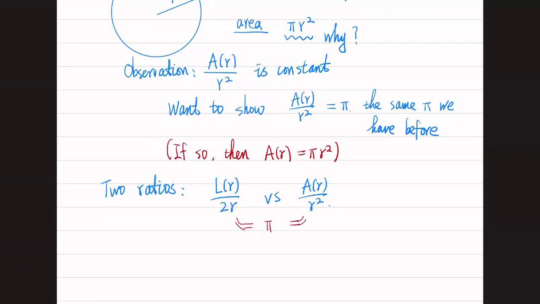Okay, think about it. We will have a 5 minute break and then we resume at 8:17. Think about this: why are they the same, the two ratios? Okay, let's have a 5 minute break.